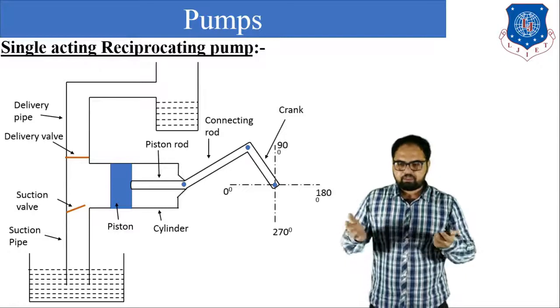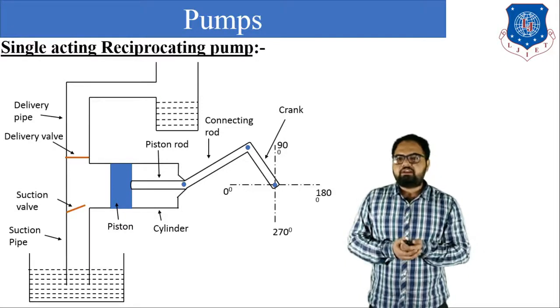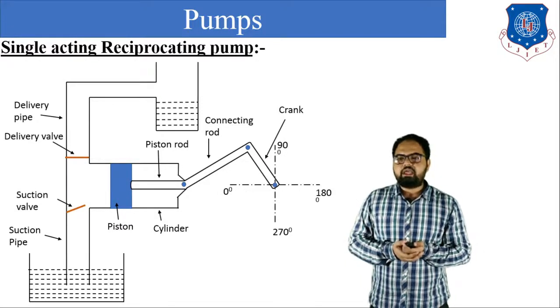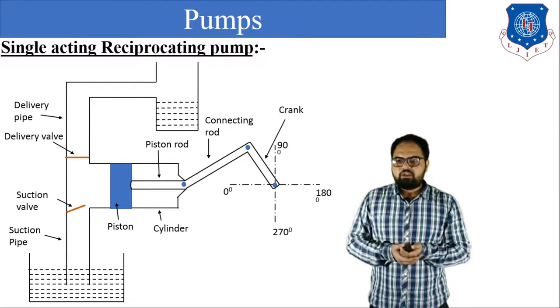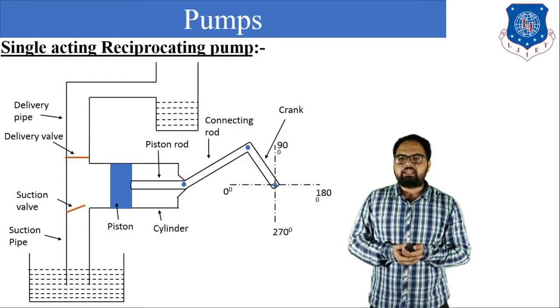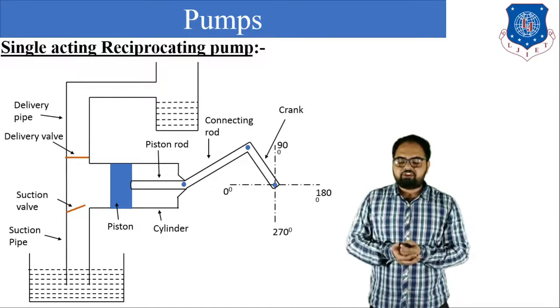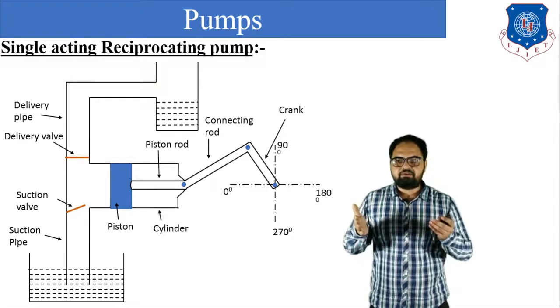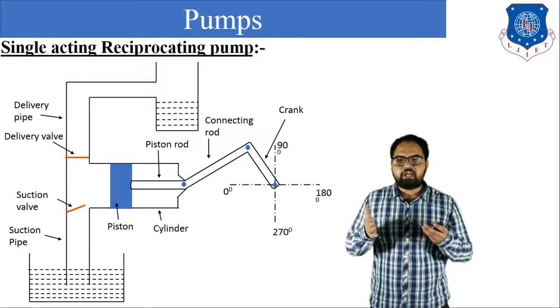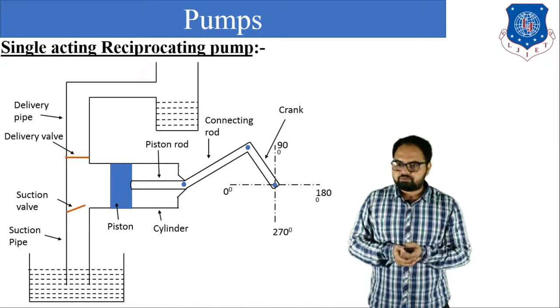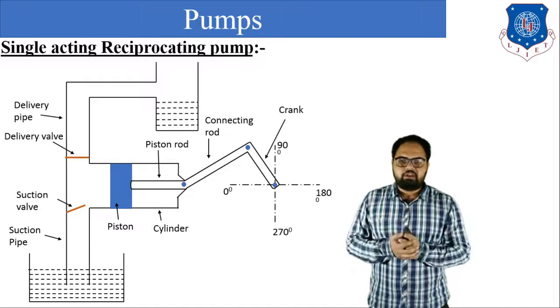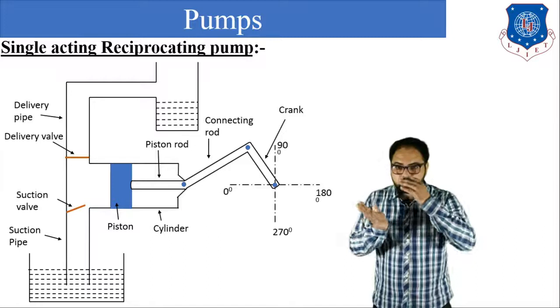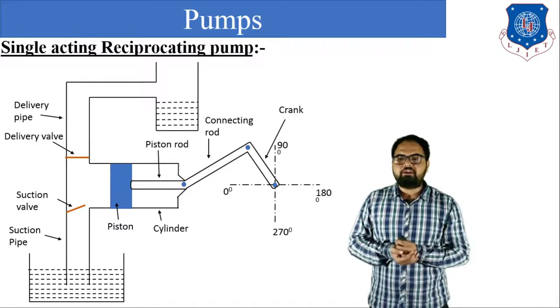Okay, so let's start the operation of the single acting reciprocating pump. In operation, the suction pipe with suction valve, delivery pipe with delivery valve, piston, cylinder, connecting rod and crank are used. The function of the cylinder is to provide temporary accommodation of water inside it.